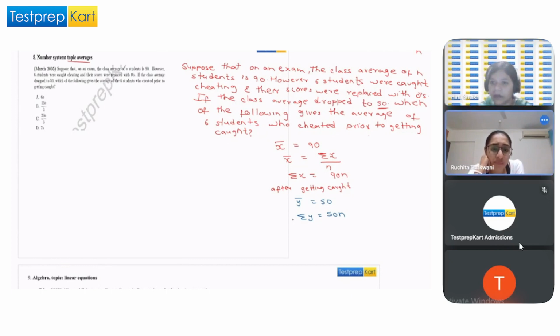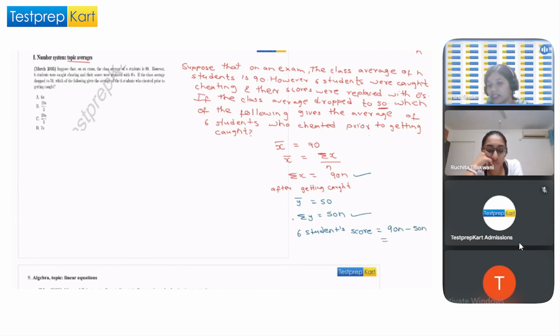What they're asking is which of the following gives the average of the 6 students who cheated prior to getting caught. In the total score, what will the 6 students' score be? No, before. First the total marks was 90n, and after they replaced the scores with 0, the total marks is 50n.